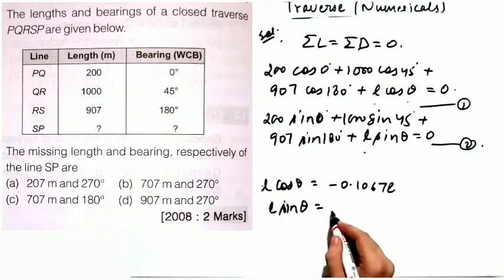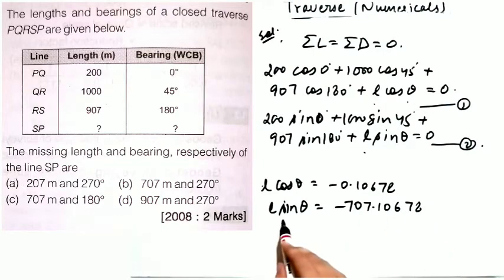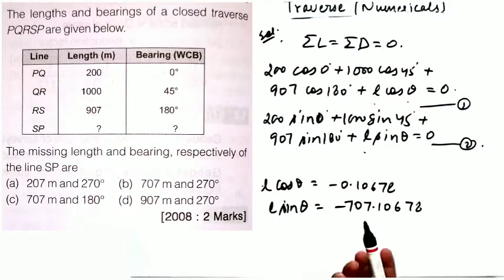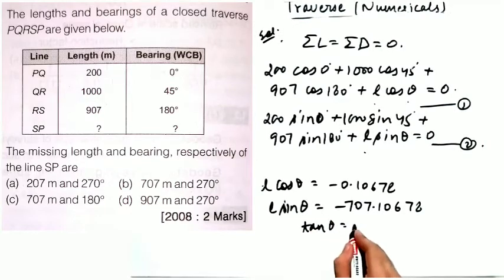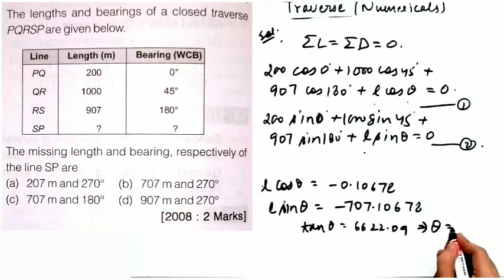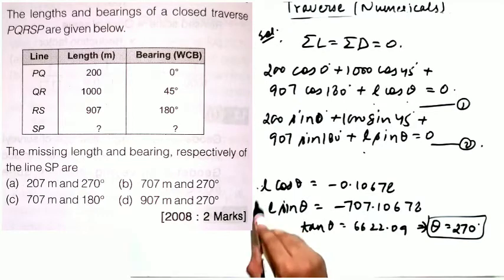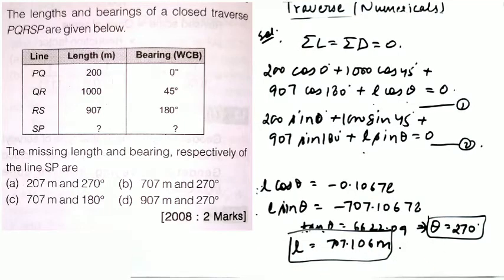It is coming out to be minus 707.10678. Now you can divide this by this. You can get cot theta or you can get tan theta. So tan theta is coming out to be 6622.09. So when you solve for theta, you will get theta as 270 degree. Now you can place theta in any of these two equations and you can obtain the length as 707.106 meters. So these are the required answers for theta as well as for length.